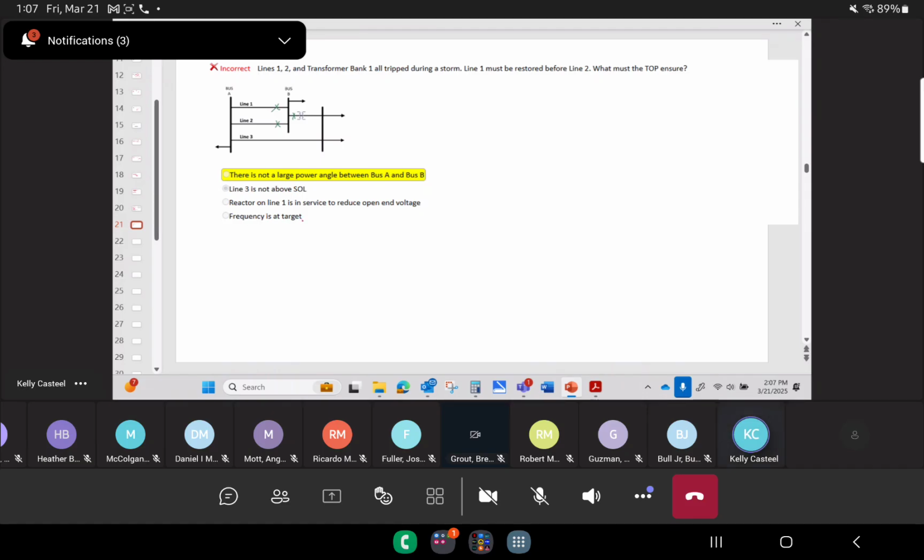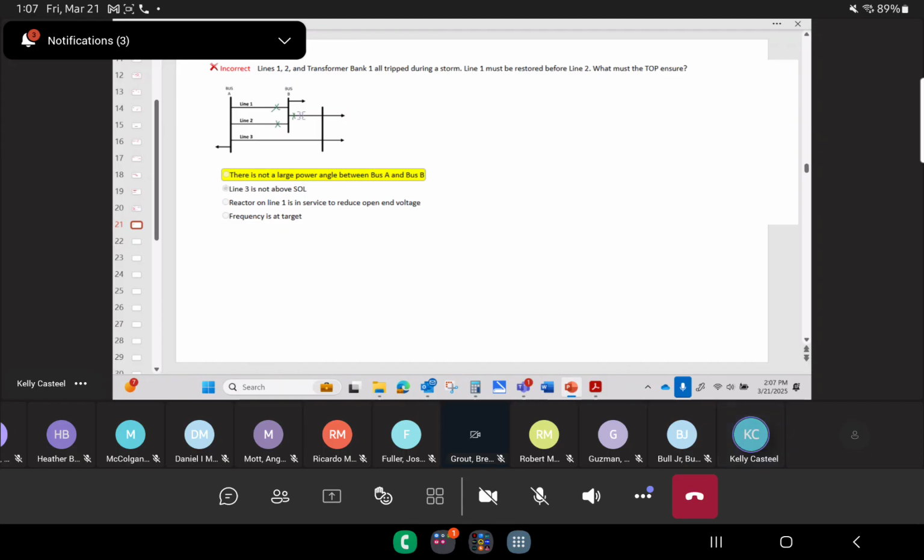And one of them is frequency is at target. Well, I'm not sure why they even have frequency is at target as an answer option for this question, because frequency is something that the balancing authority deals with. It's not a transmission operator issue unless we're dealing with system restoration.